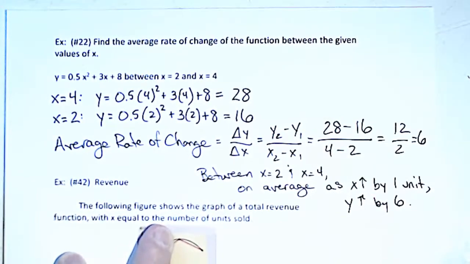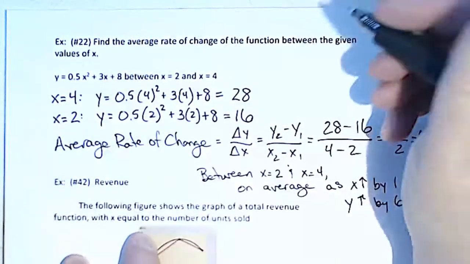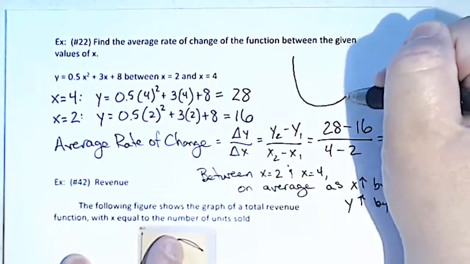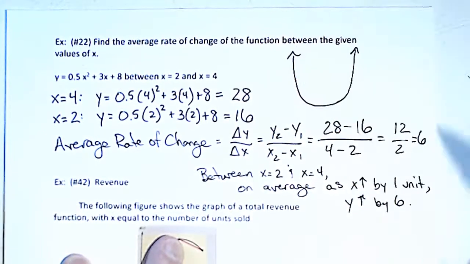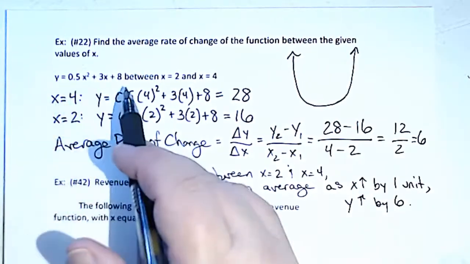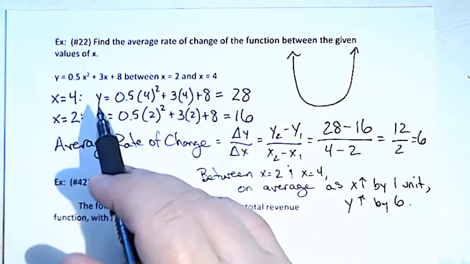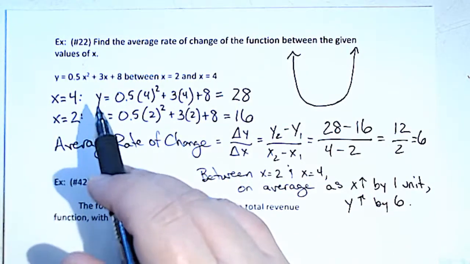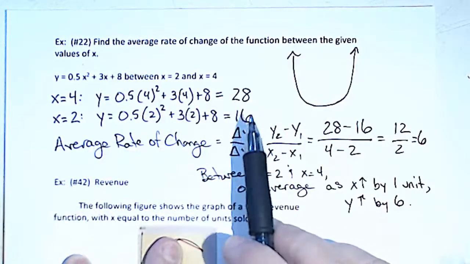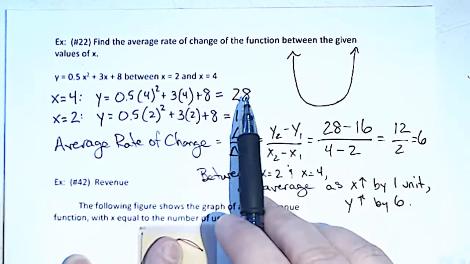Now, what is happening here? Well, the problem is we know we have a parabola, but if we don't graph this, we won't know. All we know is that when x equals 2, the y value is smaller, and when x equals 4, the y value is larger.